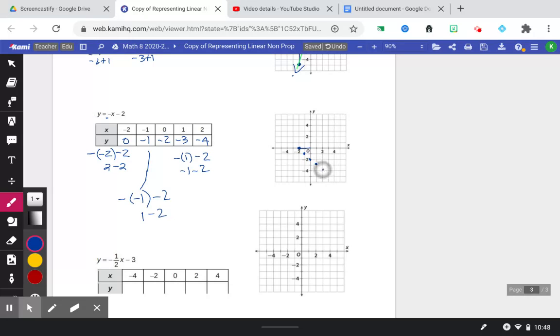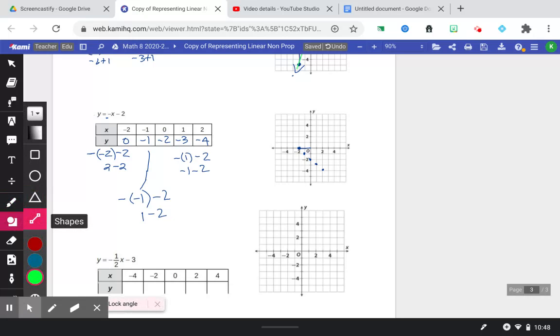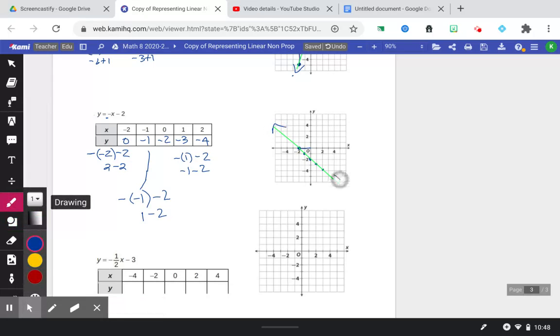Positive 2, negative 4. And there we go. All right, I am going to connect my points with a line, and put some arrows on the ends and label it y equals negative x minus 2.